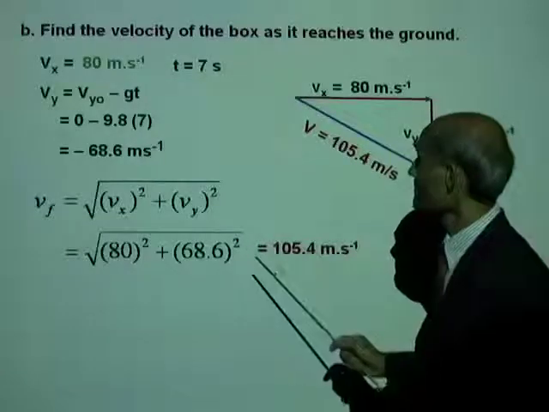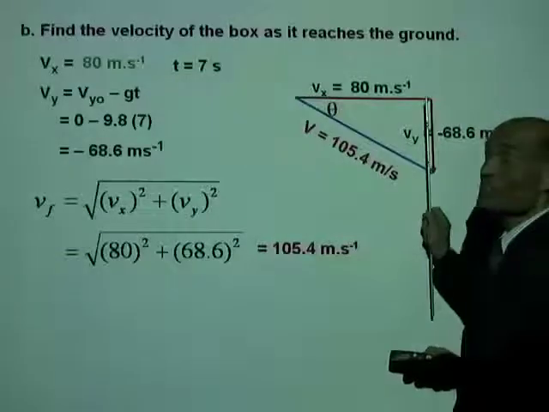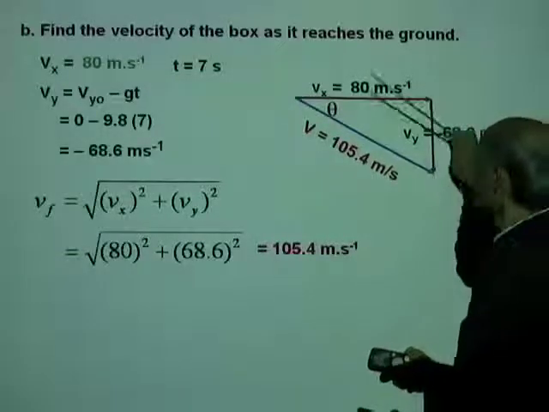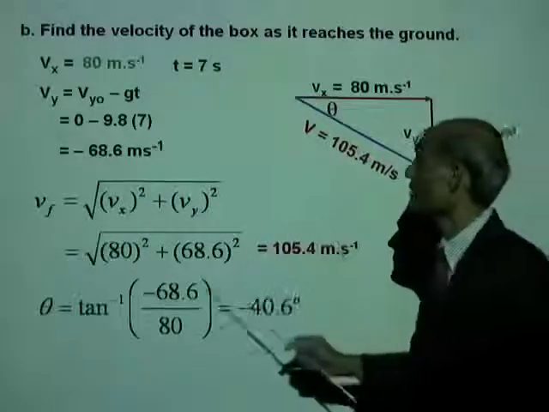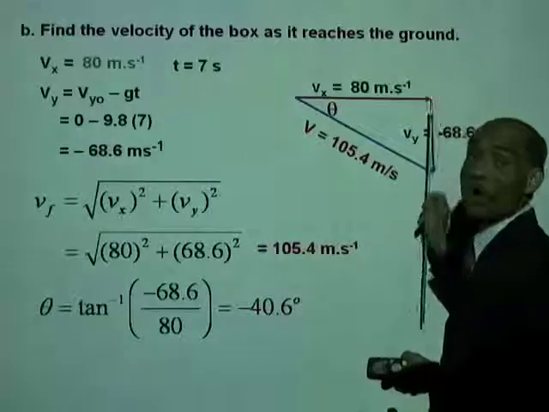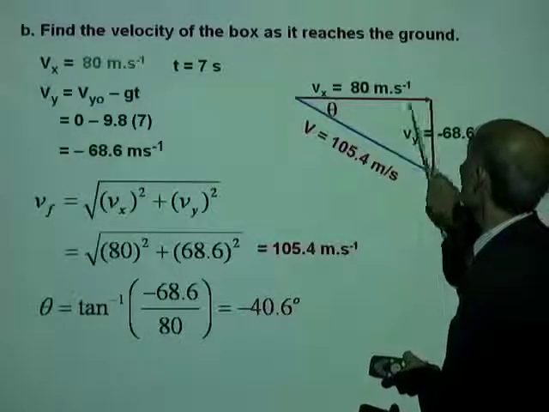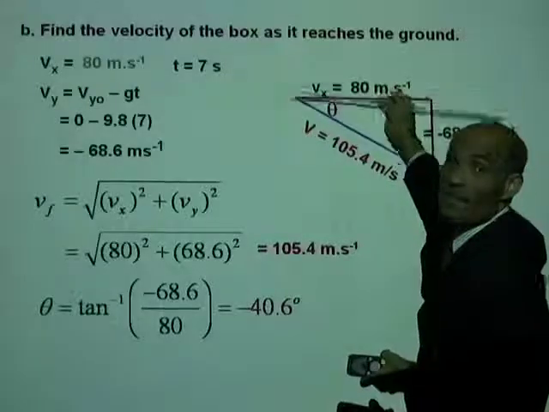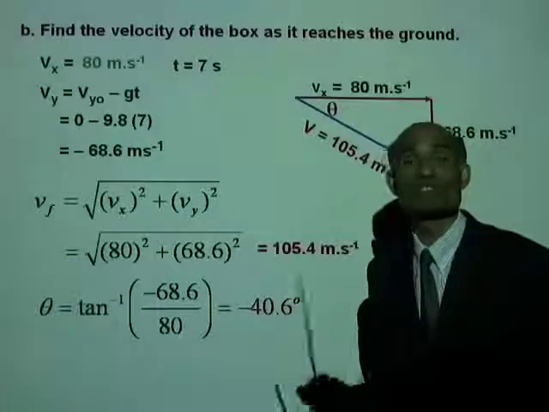Is that right? So the angle theta is such that tan theta equals Vy divided by Vx. And therefore theta is tan inverse of what? Negative 68.6 divided by 80, and that is negative 40.6 degrees.